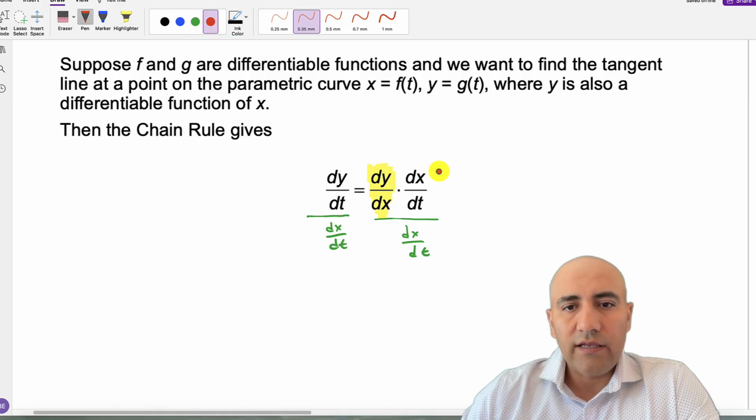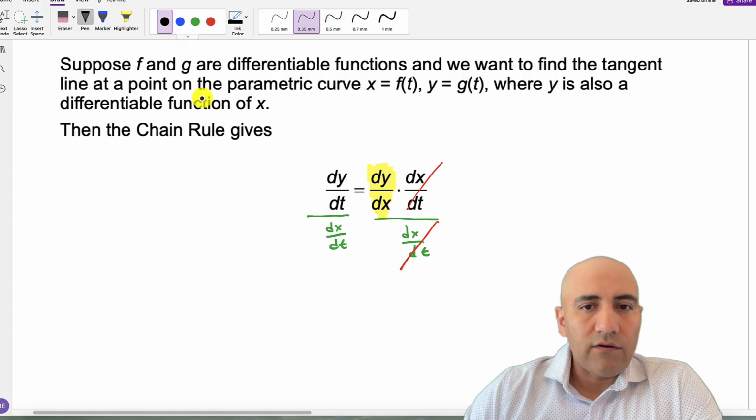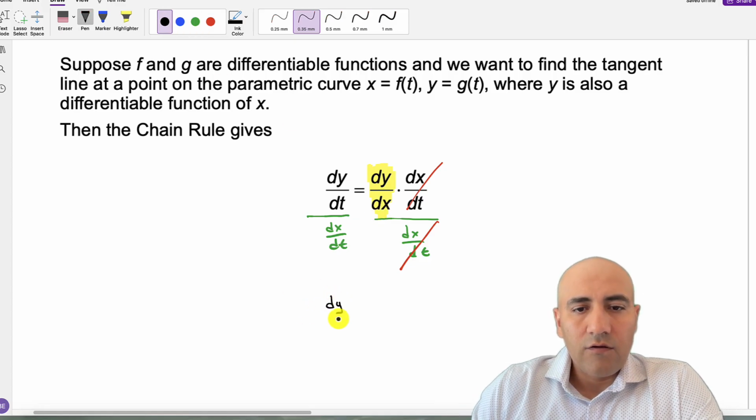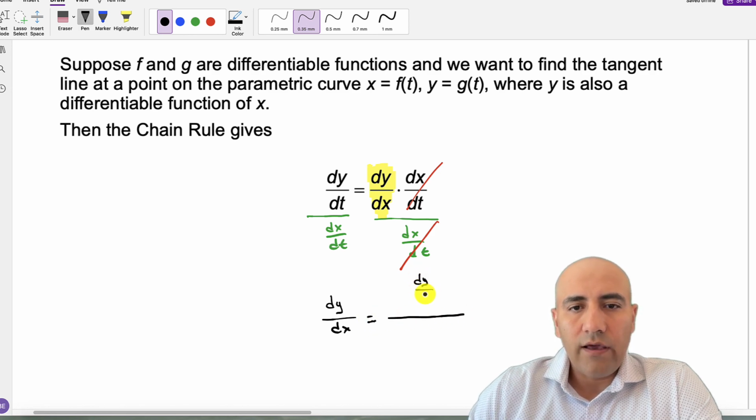On the right-hand side, this cancels with that, and we're just left with dy/dt divided by dx/dt equals dy/dx. So we can turn that around and rewrite it like this: dy/dx is equal to a giant fraction where we have dy/dt divided by dx/dt.